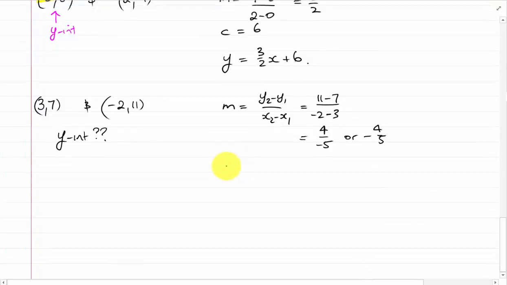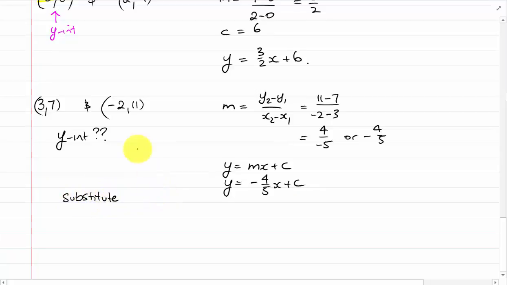Once you have the gradient, y is equal to mx plus c, so y is equal to negative 4/5 x plus c. You can use that gradient to calculate the y-intercept by substituting one of your points. So substitute either that one or this one, but only one. One is all that's needed.